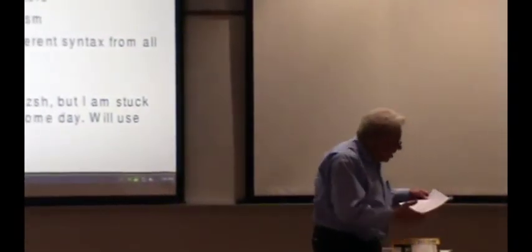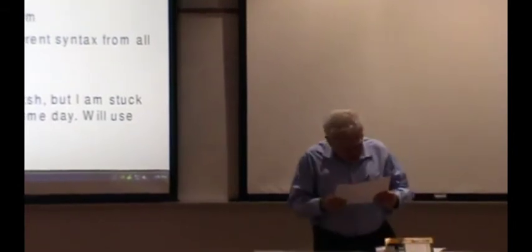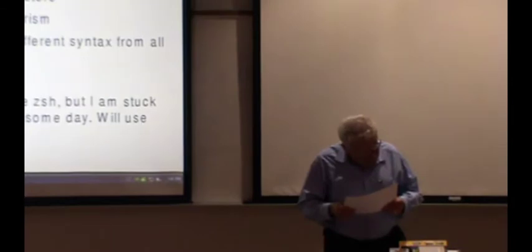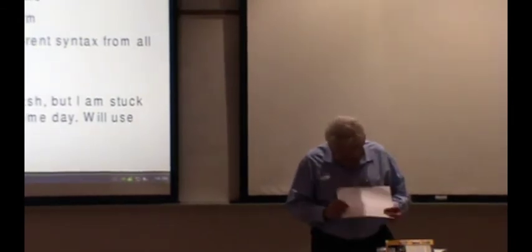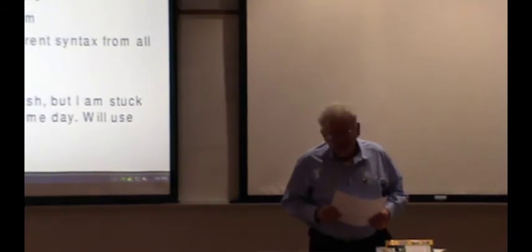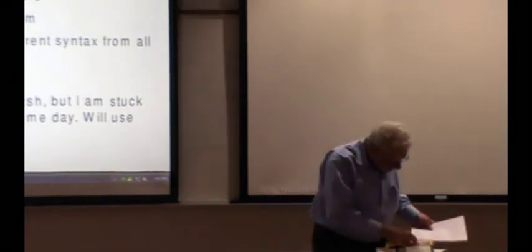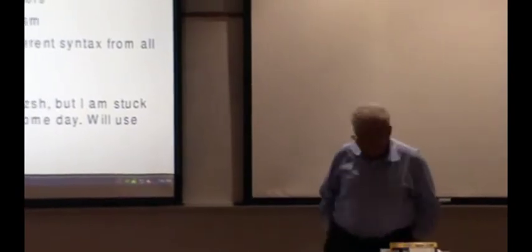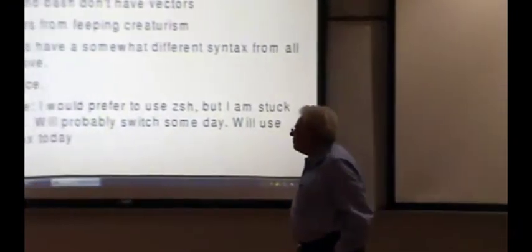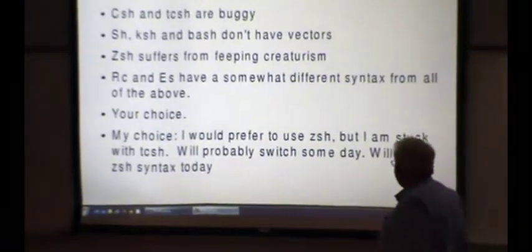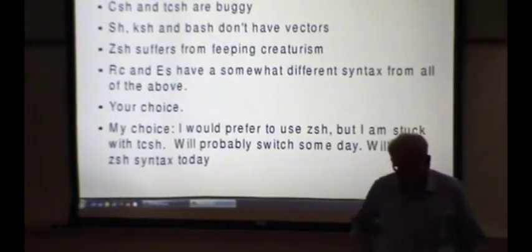I took the liberty of printing out a ZSH reference card. This is for ZSH 3.4. It's got 7 pages in it. That's more than the reference card. RC and ES have a somewhat different syntax from all of the above, and they have some limitations.